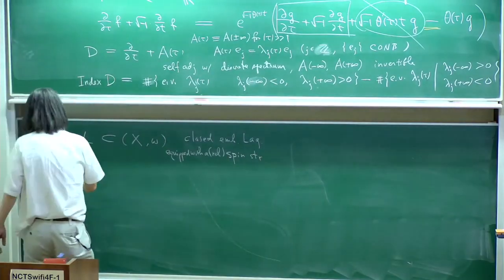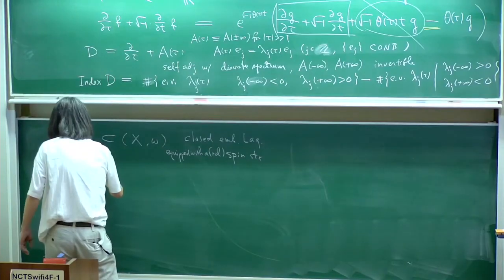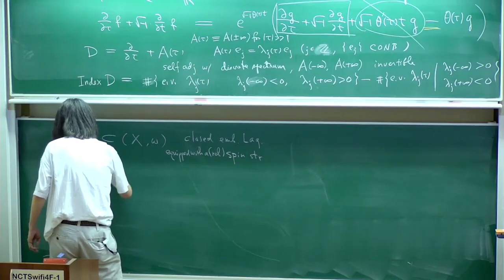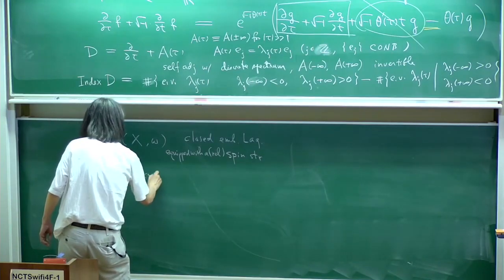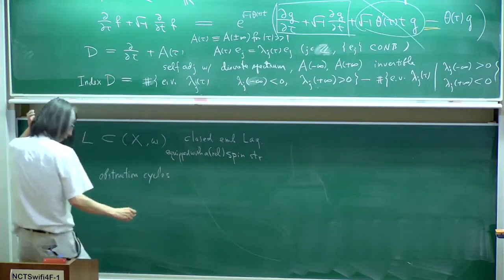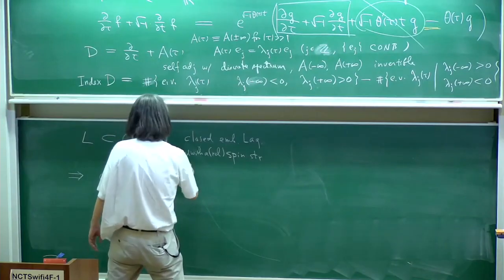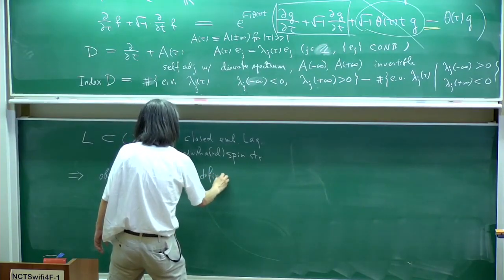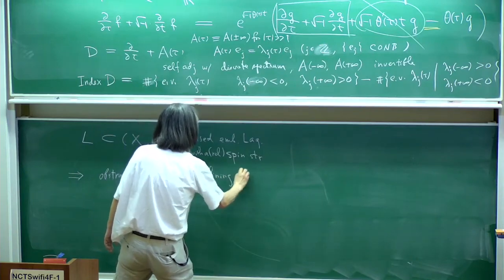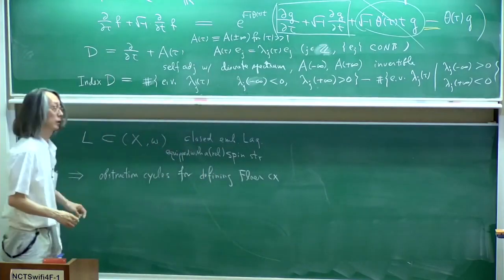And then from here, I want to define certain obstruction cycles for defining the Floer complex. What does it mean?